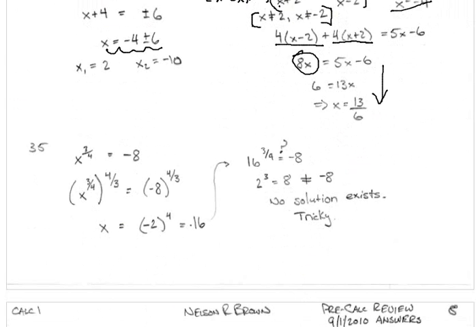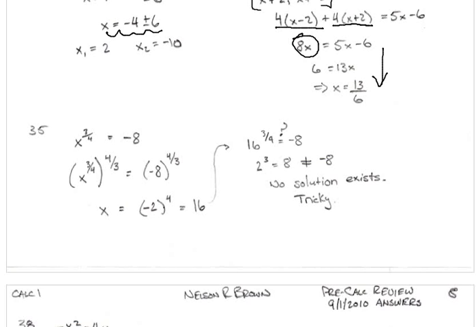Number 35, I thought I didn't give you any tricky ones, but apparently I did. So I have x to the 3/4, and I want to know when that is equal to negative 8. Well, I have a fractional, or rational, exponent. I can raise that rational exponent to a power of 4 over 3.